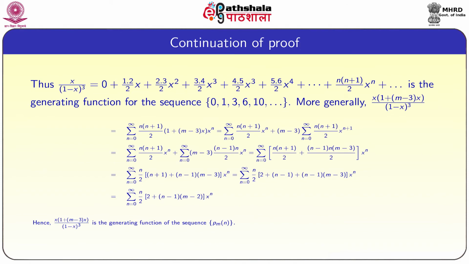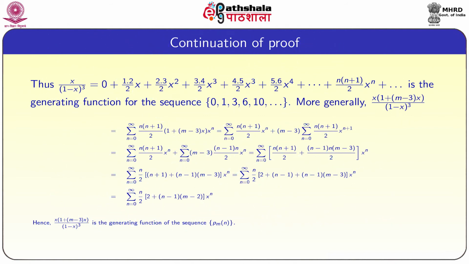Thus, x by 1 minus x whole cube equals 0 plus 1 into 2 by 2 x plus 2 into 3 by 2 into x square and so on. That means x by 1 minus x whole cube is a generating function for the sequence 0, 1, 3, 6, 10 and so on.